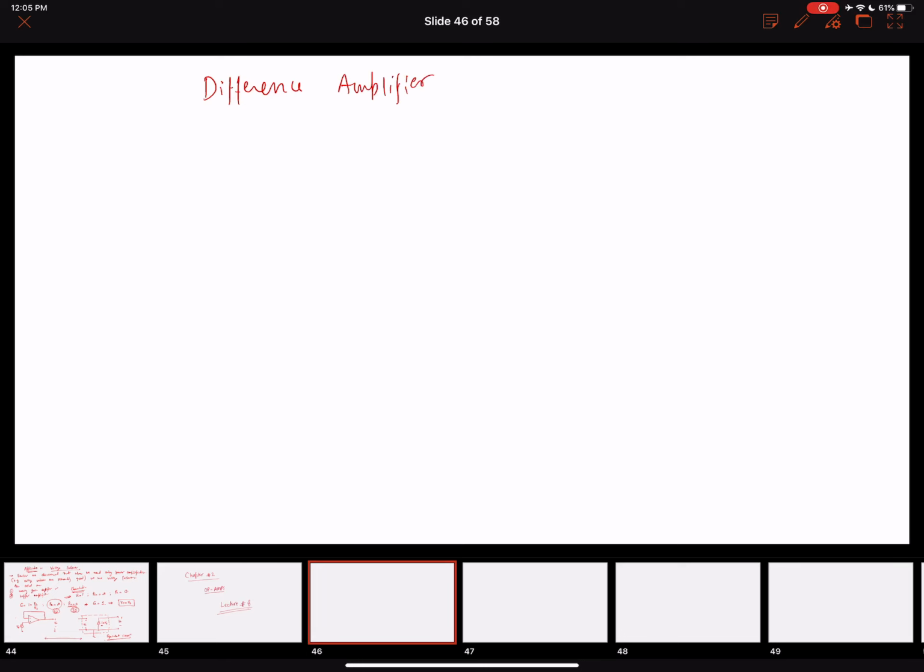Difference amplifier. So what does a difference amplifier do? It takes the difference of the signals at the op-amp inputs, right?